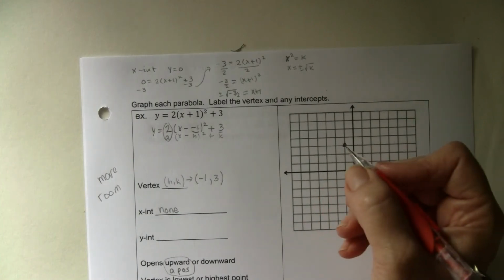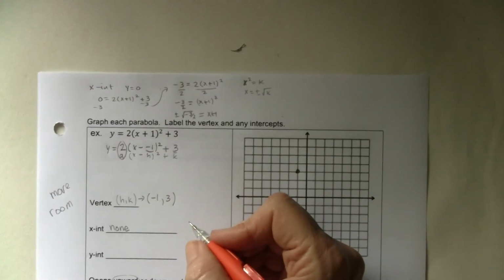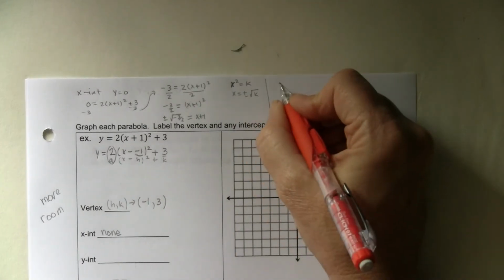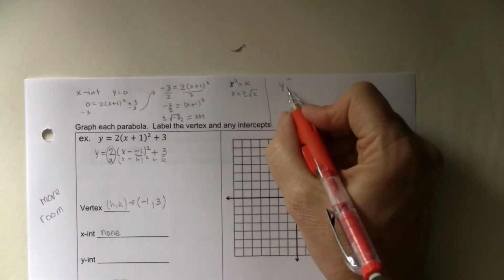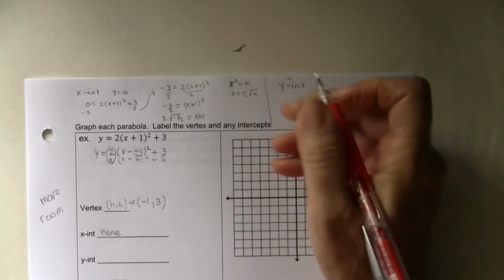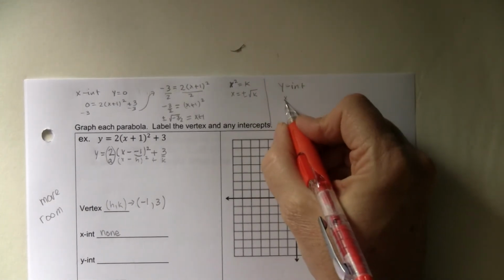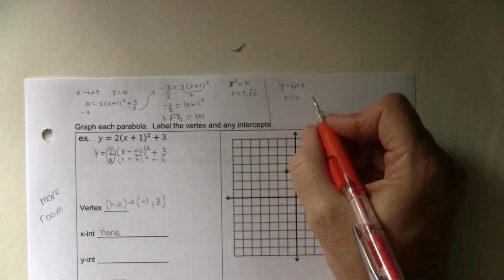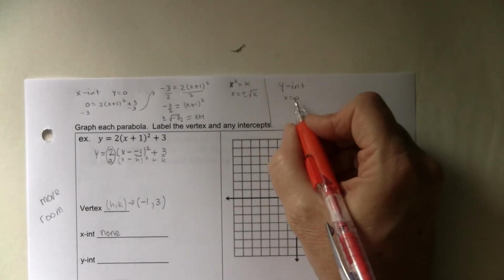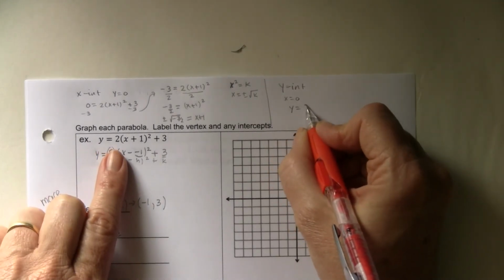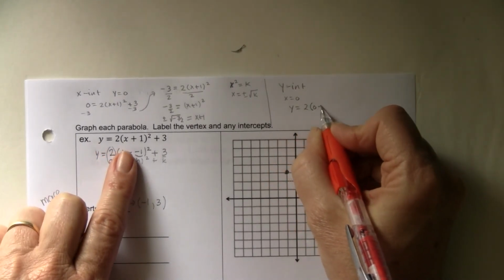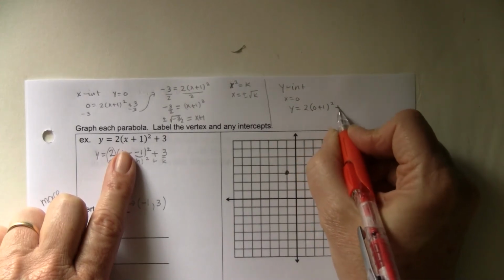Now I also want to come up with the y-intercept. How you find the y-intercept is a lot less work. You let x equal 0, and so we're going to have y equals 2 times (0 plus 1) squared plus 3.